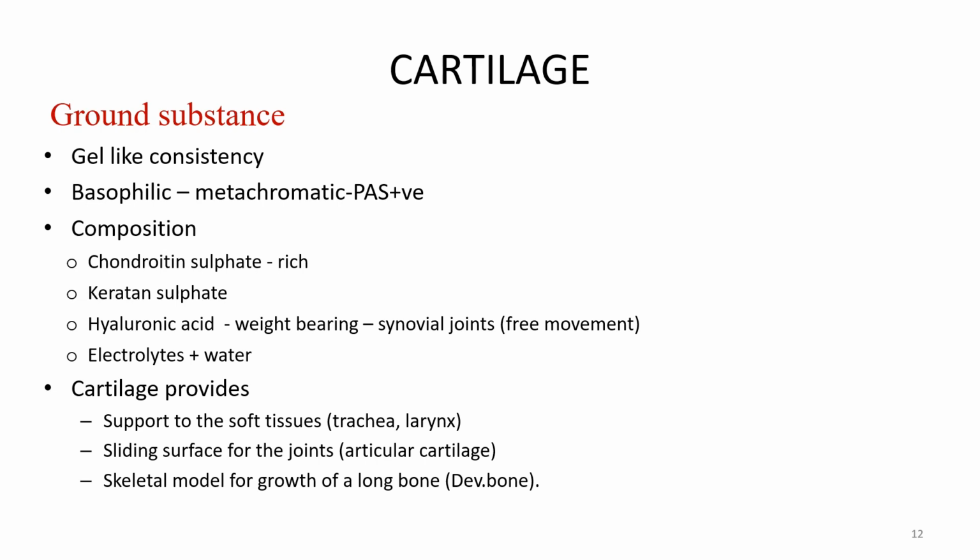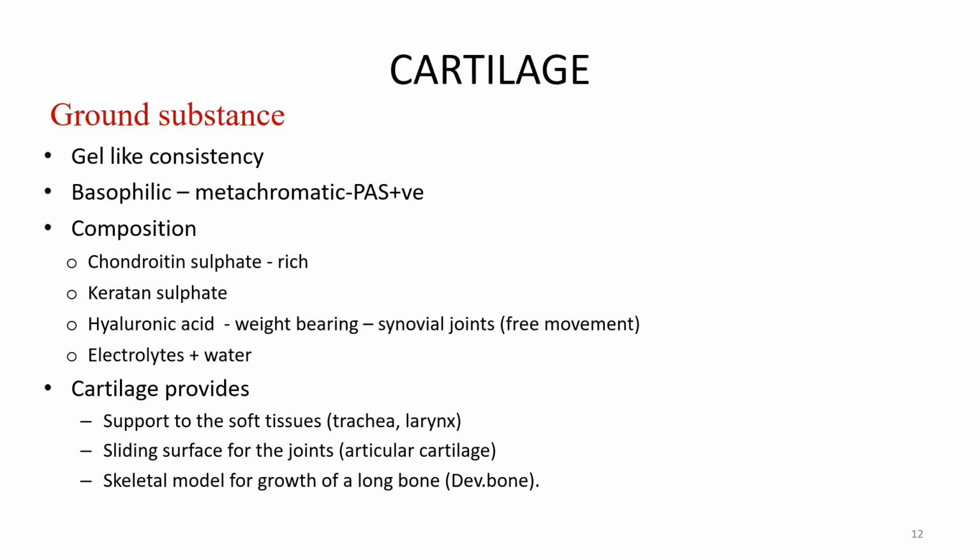These are the constituents of the ground substance. The hyaluronic acid is rich in weight-bearing areas of the cartilage, that is, in the synovial joints, as it provides free movements in these joints.